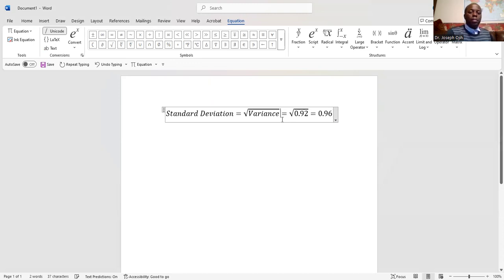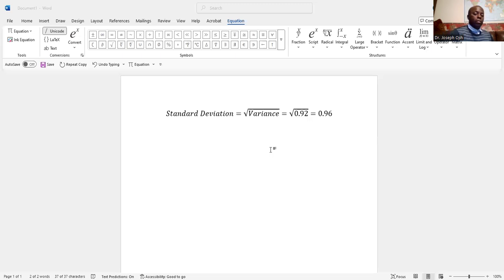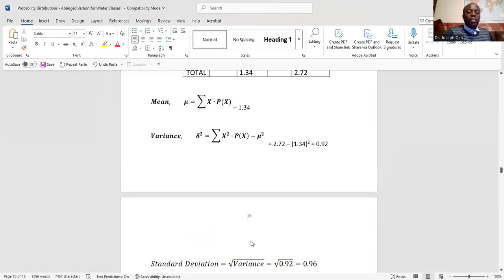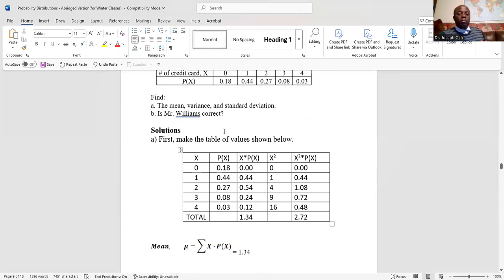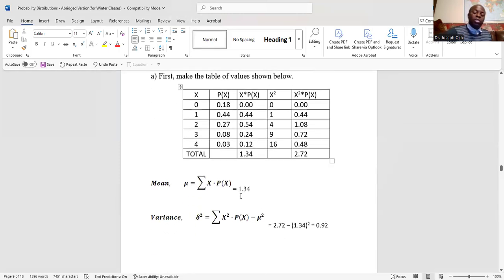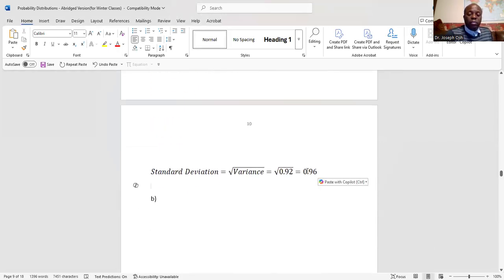So I'm going to copy this and paste it in our main workbook, which is this one right here. So we are answering part A. Part A says calculate the mean, variance, and standard deviation. This is our mean right here, 1.34, which is approximately 1. This is the variance, and this is the standard deviation.